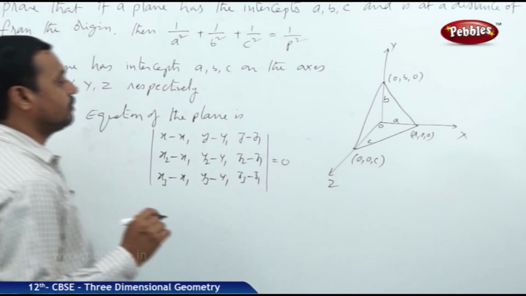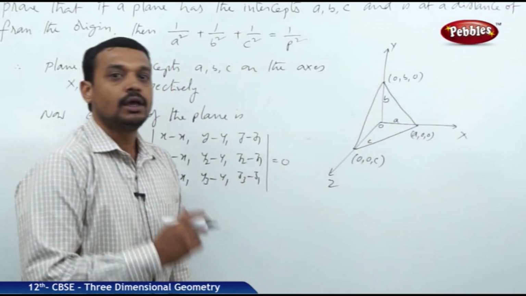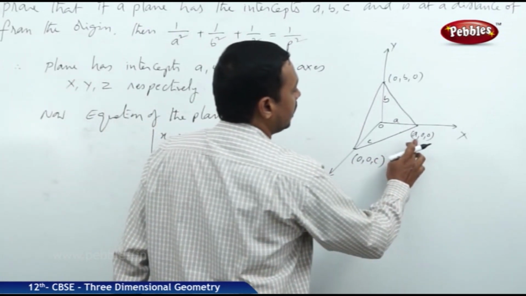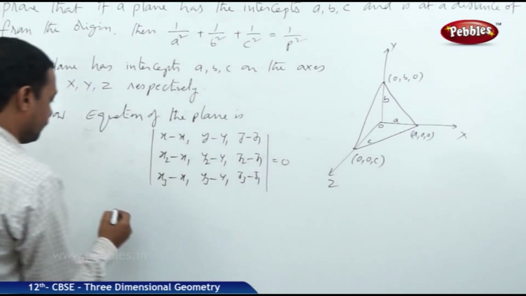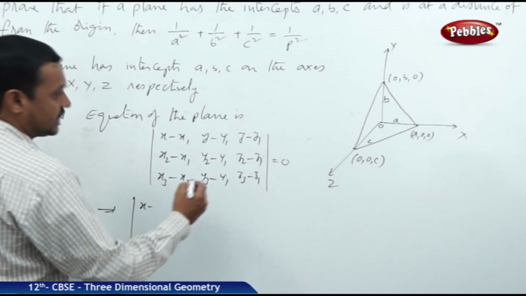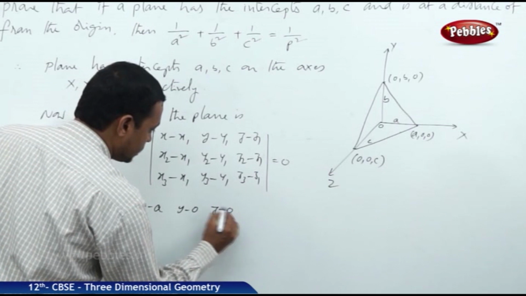Now this is the equation of the plane passing through 3 given points (x1, y1, z1), (x2, y2, z2), (x3, y3, z3). Here the 3 points are (a, 0, 0), (0, b, 0), (0, 0, c). Now substitute them. Then the equation becomes x minus a, y minus 0, z minus 0.